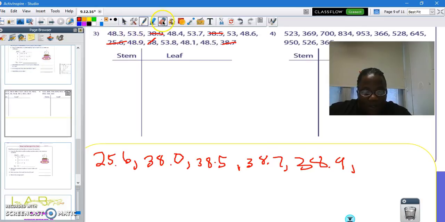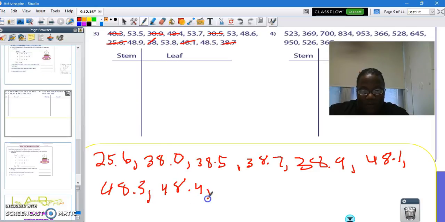So now it goes to 48. And the first 48 I have, 48.1. There's our 2, 48.1. Let's see. 48 point. No, just 1. And then 48.3. Continue down here. And then 48.4.